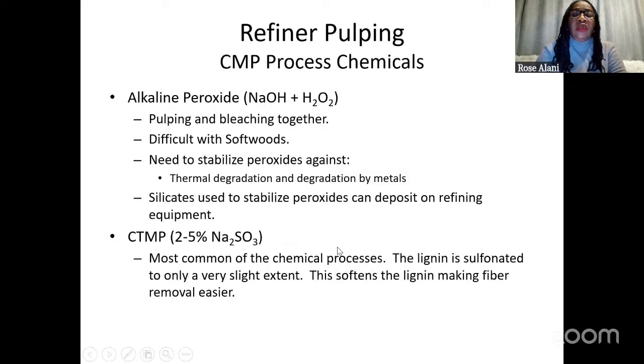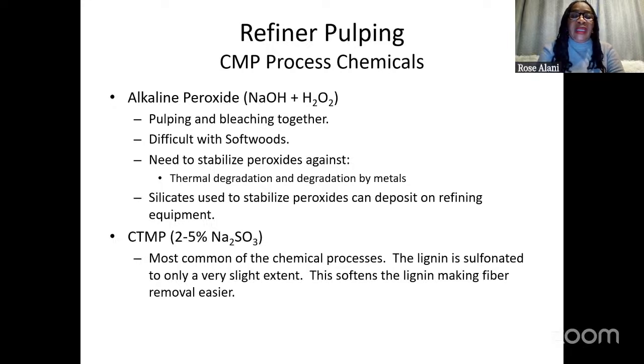Okay, so the process now, alkaline, we're still on the process. What you use again is alkaline peroxide, a mixture of sodium hydroxide and hydrogen peroxide. So the pulping and the bleaching together are difficult with softwood. For this method, it's difficult also with softwood. And you're doing the pulping and the bleaching together when you're using alkaline peroxide.